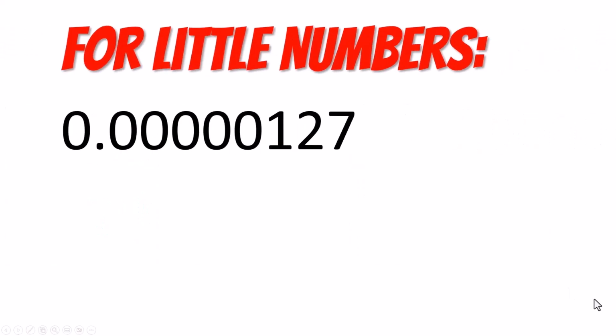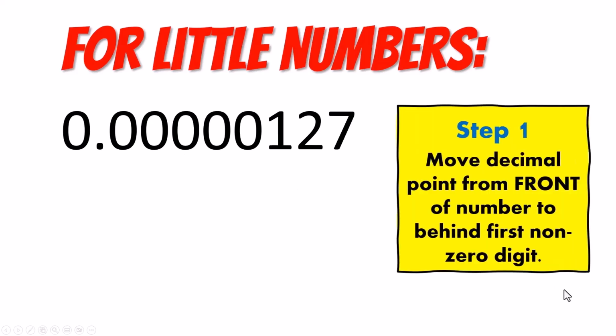If you're doing this for really little numbers, they look like this. There'll be a 0 point and then a lot of digits that come after, but usually a lot of zeros. Very small numbers. Step 1, we move the decimal point from the front of the number to behind the first non-zero digit, which would be here between the 1 and the 2. So that becomes 1.27.